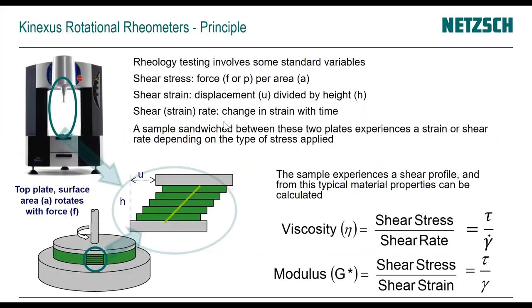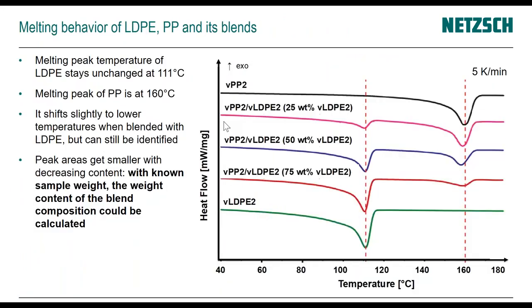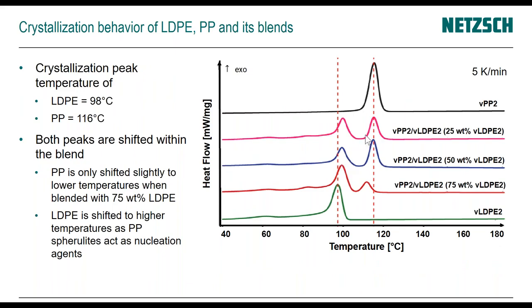I'll just try to go back real quick to show you this with the crystallization behavior. You see it a little bit. So with the PP and LDPE, the peaks are really moving closer together. But for the different spherulite structure and the distinct different melting temperatures of almost 20 degrees difference, it's not happening that we get one uniform crystallization or melting peak.